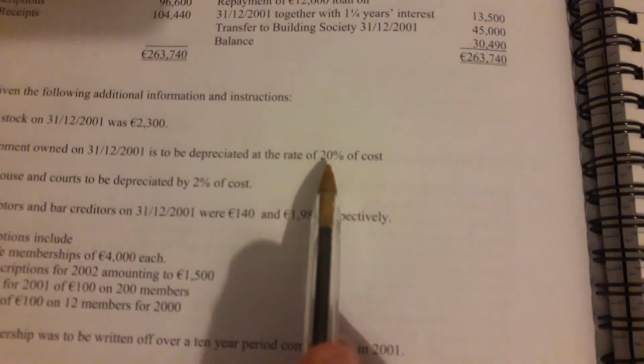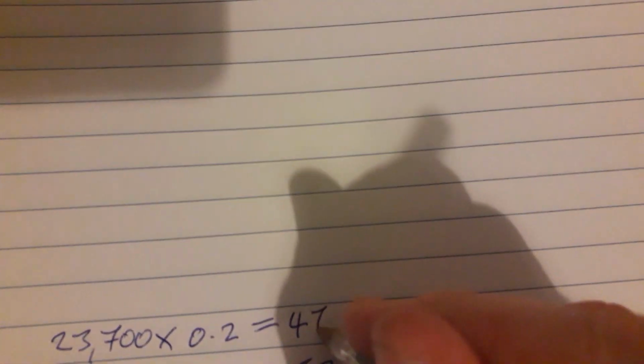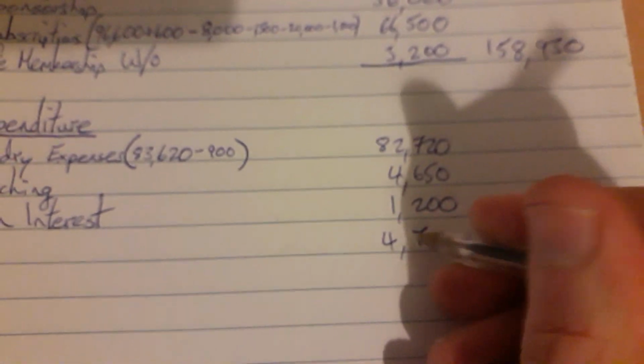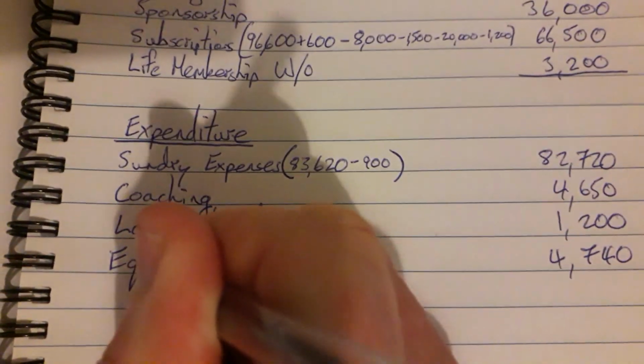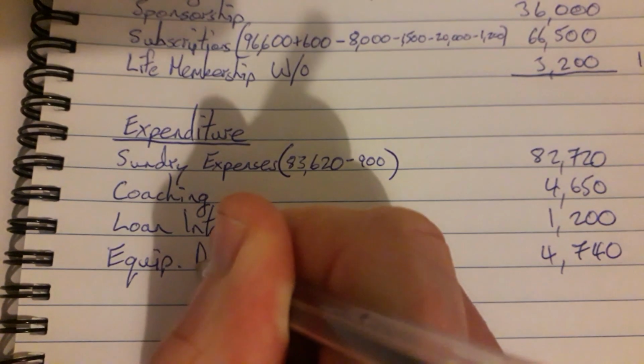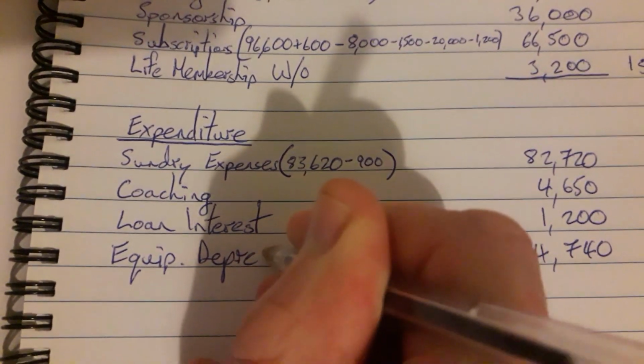And the depreciation rate for equipment is 20%. So multiply by 0.2 to get 20%, is how I do it anyway. And that gives us 4,740. So that is equipment depreciation, or depreciation on equipment.